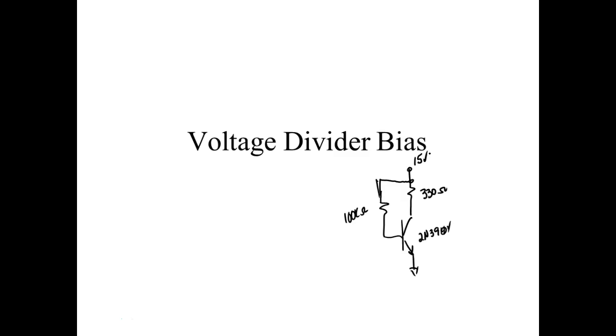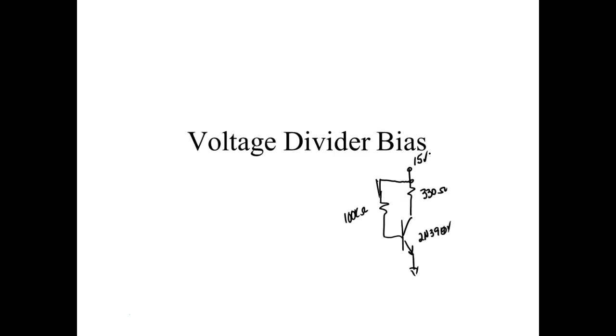So what I have here, guys, is I'm going to look across my collector resistor, because my collector resistor and my transistor are in series with each other. I've got it sitting at nothing because I don't have my power supply on.